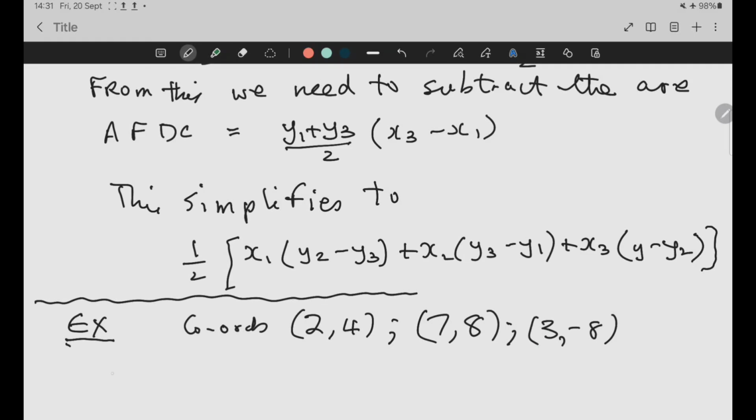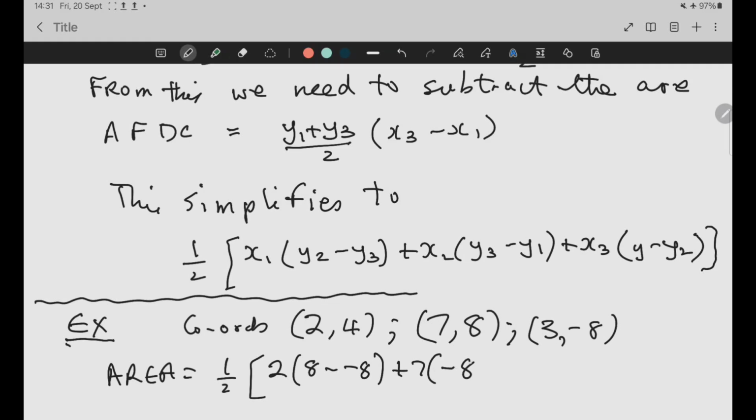Just substituting that into this formula, area will equal 1/2 of 2 multiplied by 8 minus minus 8, plus 7 into minus 8 minus 4, plus 3 into 4 minus 8.